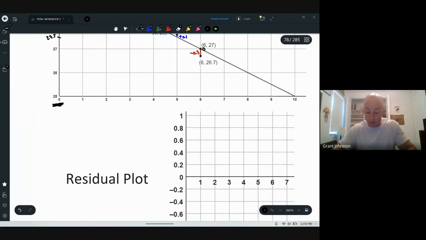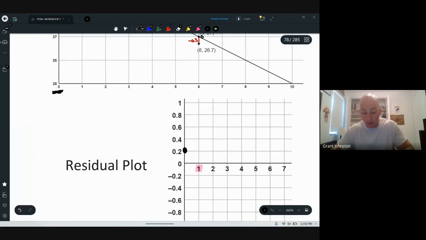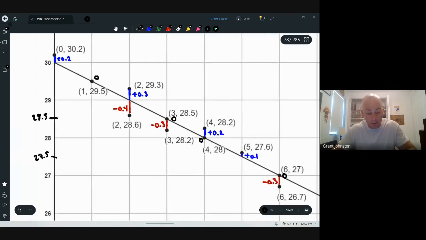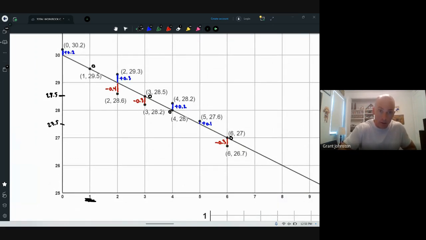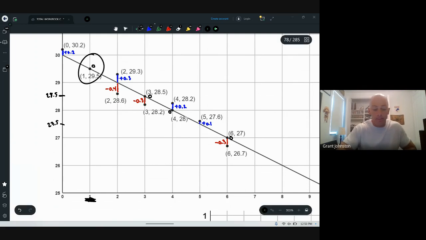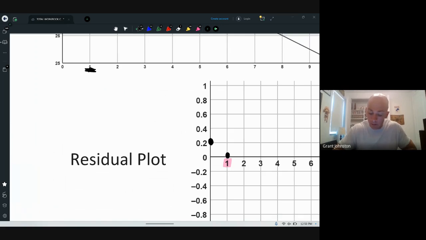So at 0, the residual is 0.2. That's my residual plot. Now let's look at 1. What were the residuals for 1? Let's go to our residual plot. At 1, our residual was 0.